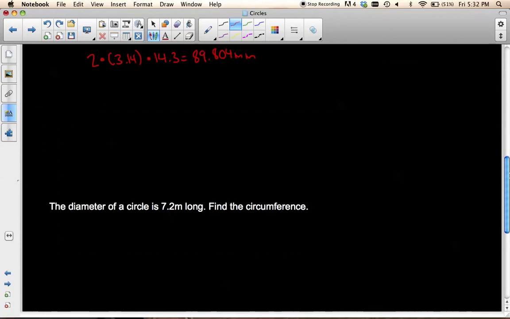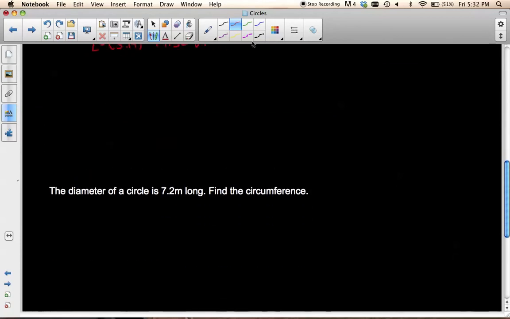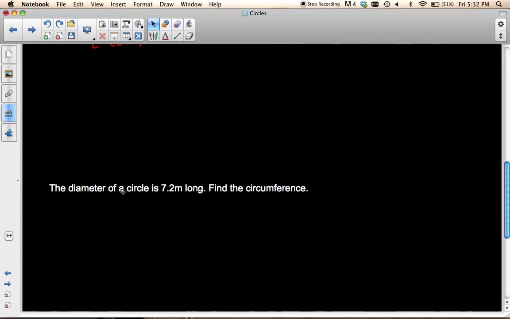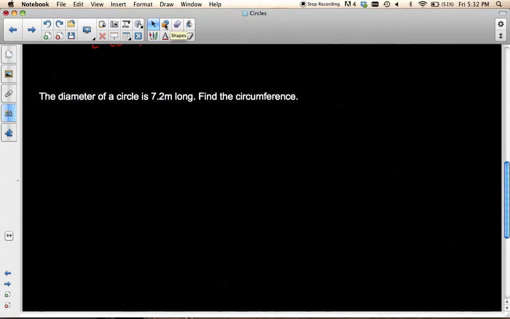Now, if they gave us the diameter, we know that our formula for diameter is pi times diameter will give us the circumference.